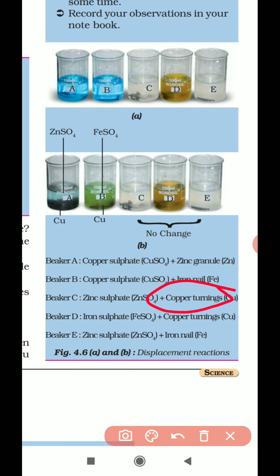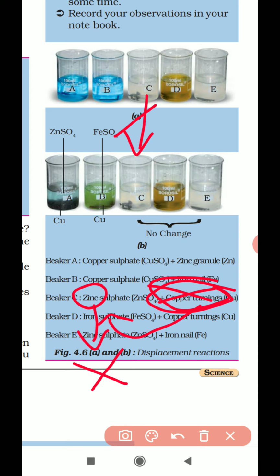Since it is very less reactive, it will not remove the zinc from the salt. There is no chance of removing zinc because it is very less reactive, it has very less power. So since copper does not have that strength to remove the zinc, the copper will not displace, hence there will be no change in beaker C.